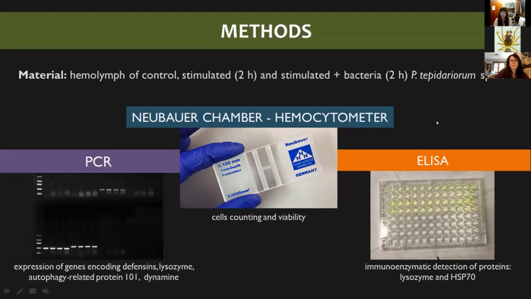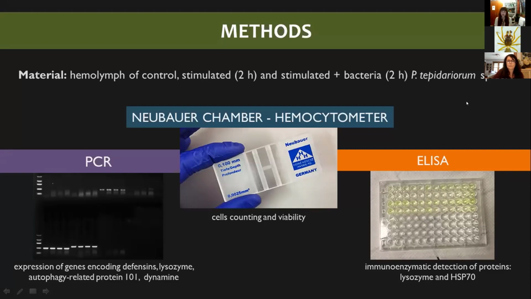Then we detected the proteins lysozyme and HSP70, which is a heat shock protein. It protects cells from physiological stress.